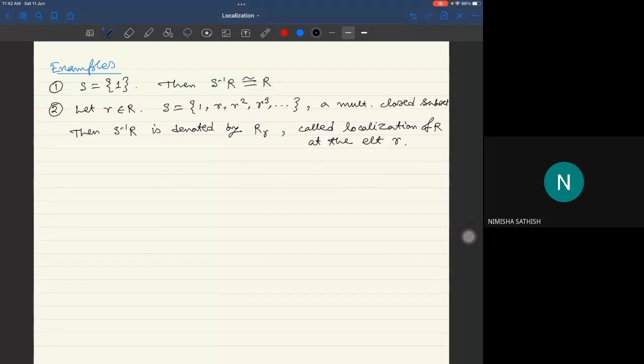Let's fix two notations. I think you are familiar with this.